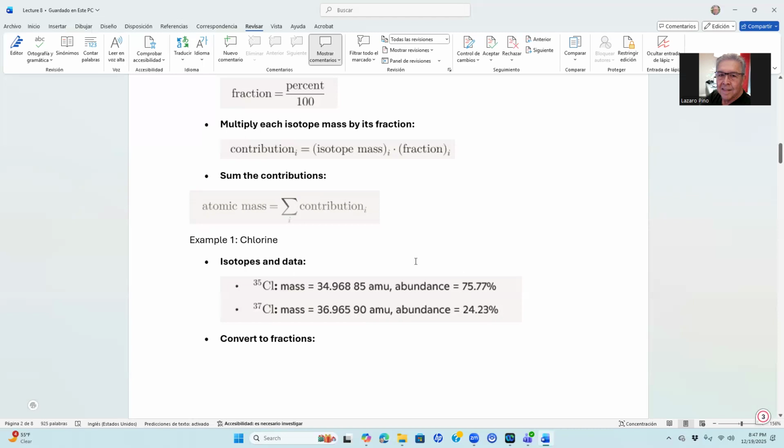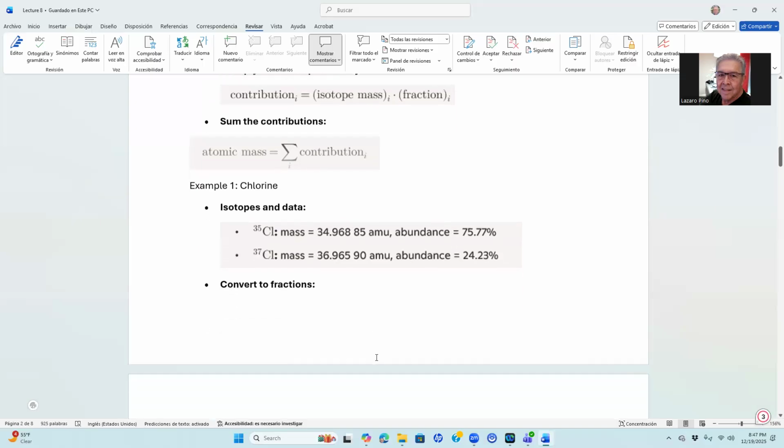As you can see, the abundance of chlorine 35 is higher, so its contribution to the average atomic mass will be higher, and the result will be very close to this atomic mass.